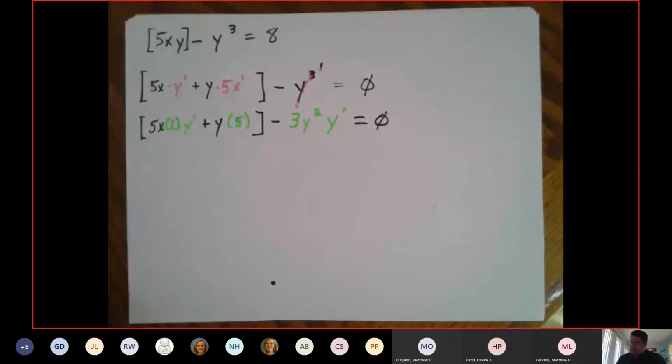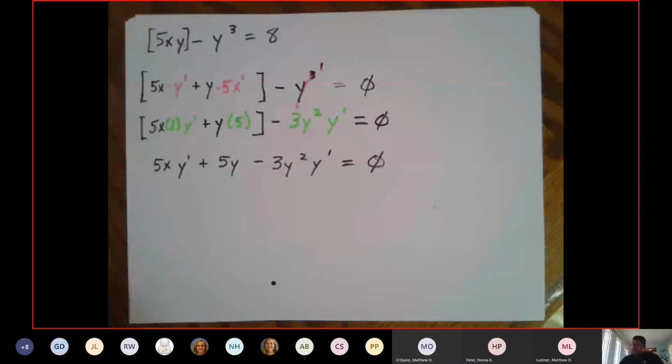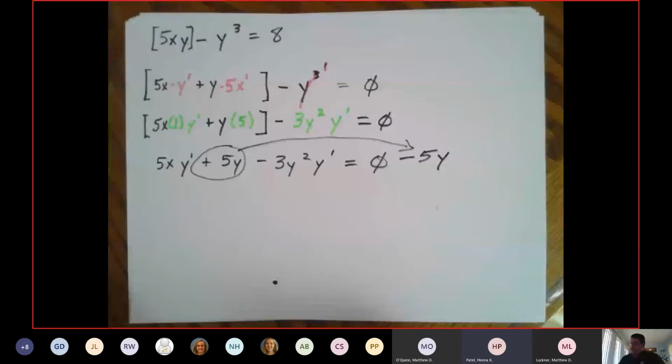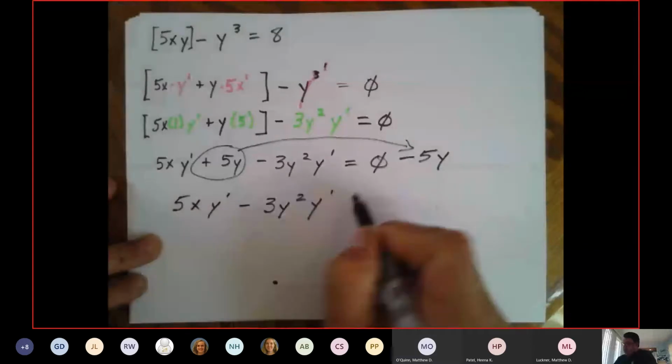Now I'm going to clean it up. And I'm going to get 5x y prime plus 5y minus 3y squared y prime is equal to 0. And that 5y is going to come over here. And that's going to give me 5x y prime minus 3y squared y prime is equal to negative 5y.